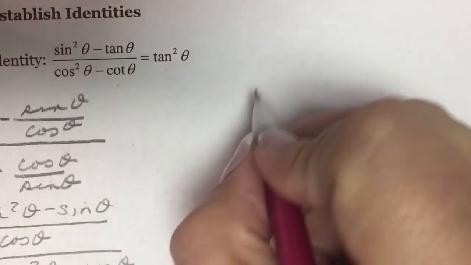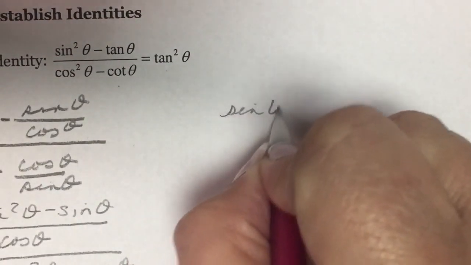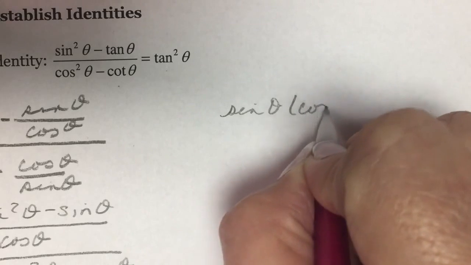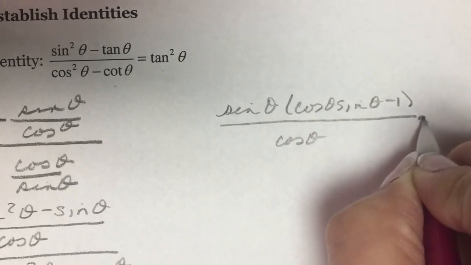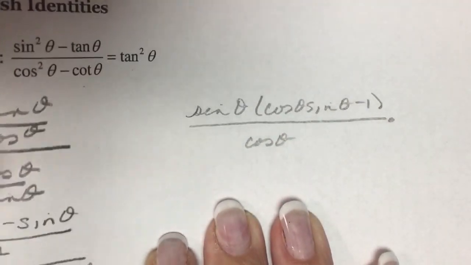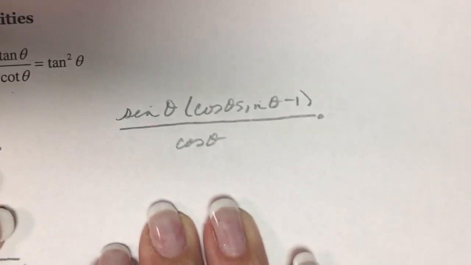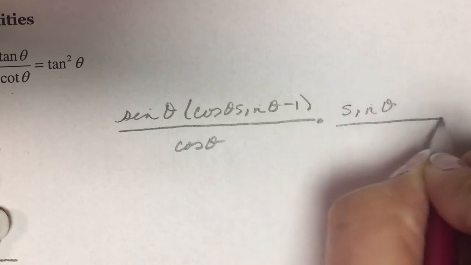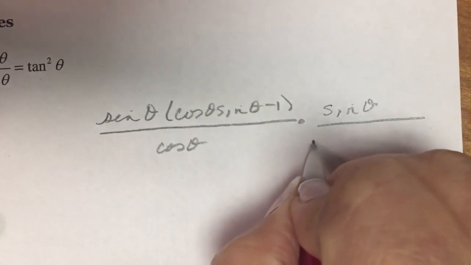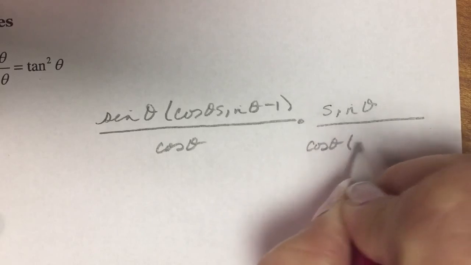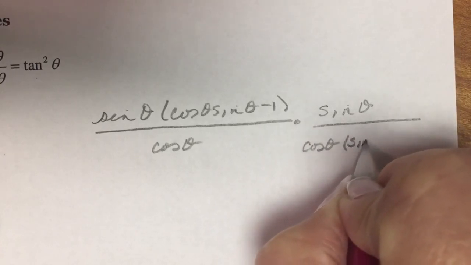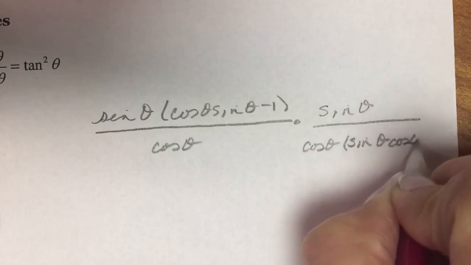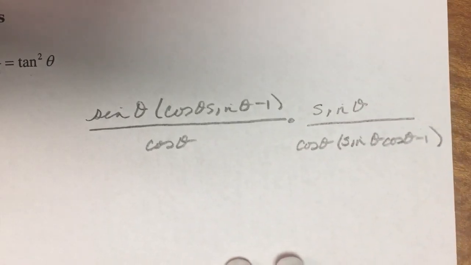So it would be sine theta times the quantity sine theta minus 1 over cosine theta times, and now I'm going to flip that bottom fraction, so it would be sine theta over cosine theta times, oops, I'm going to run out of room, the quantity cosine theta minus 1. Sorry about that.